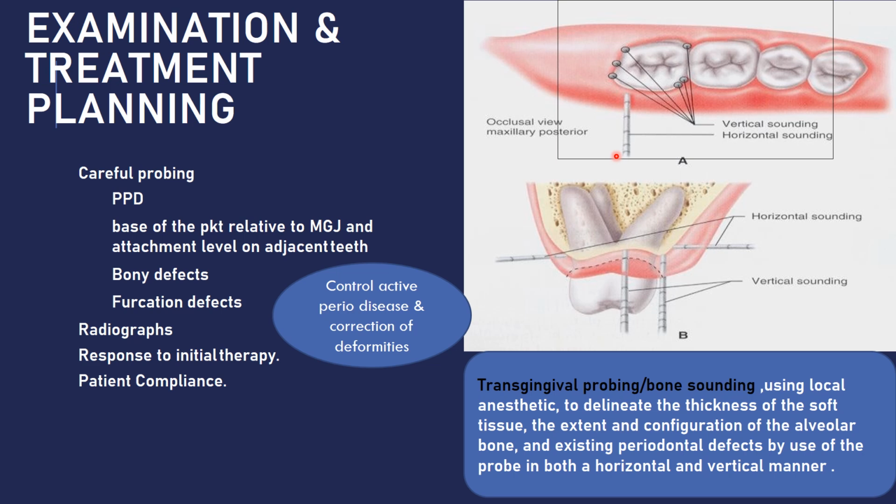This helps delineate the thickness of soft tissue, the extent and configuration of the alveolar bone, and existing periodontal defects by the use of the probe. This can be done immediately before the surgical intervention. The treatment planning will be based mainly on controlling active periodontal disease and correcting deformities.